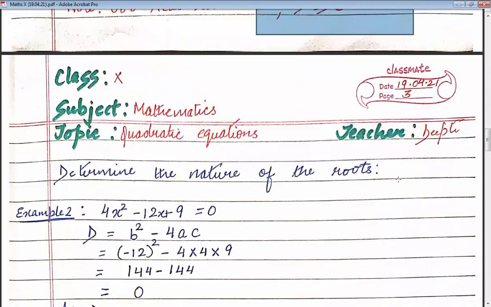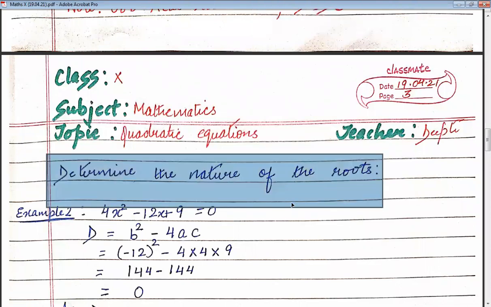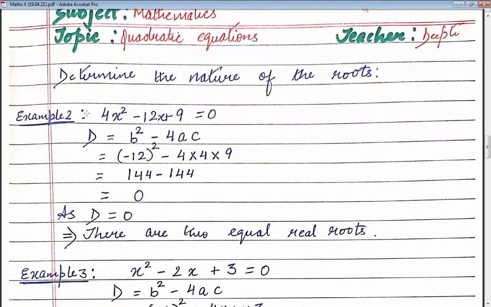Okay, children, now let's discuss a few questions based on this. In this question you have to determine the nature of the roots. Have a look at this quadratic equation: 4x square minus 12x plus 9 is equal to 0. Here we are not finding the roots, we are just discussing the nature of the roots. So to find the nature, you just need d, that is the discriminant, which is equal to b square minus 4ac.